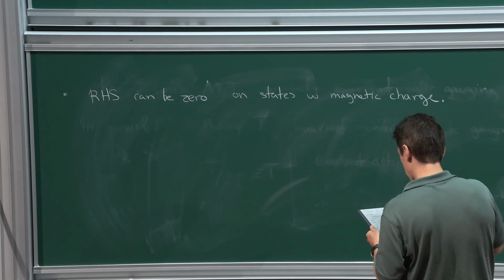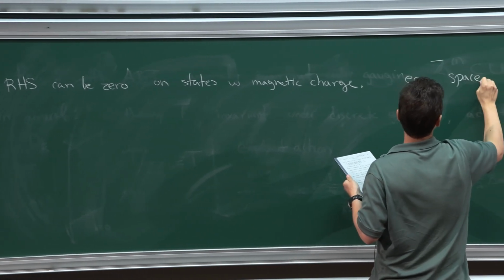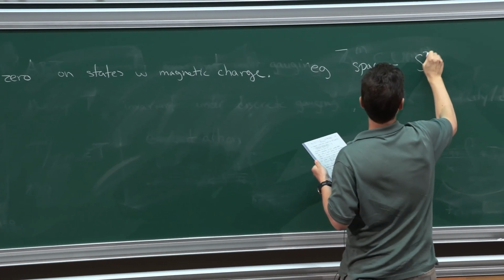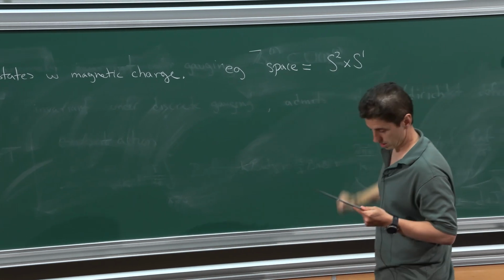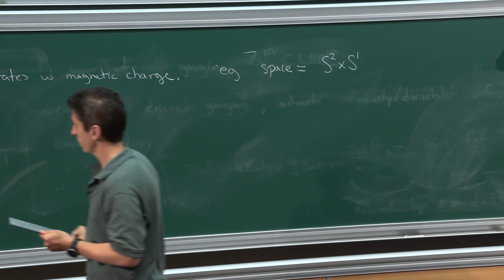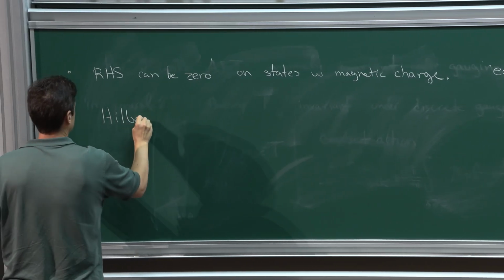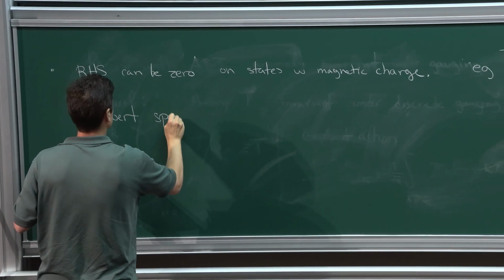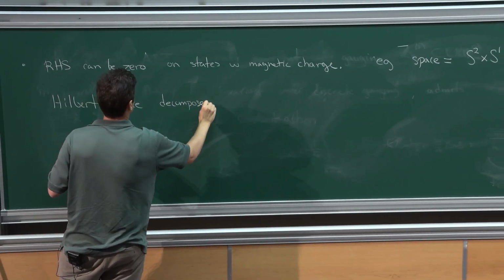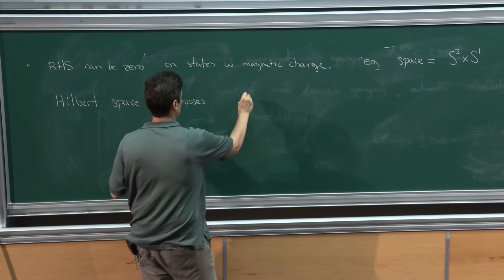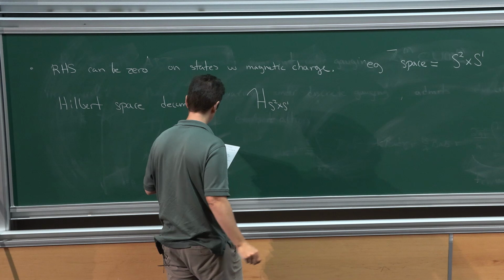So what to do? Let's consider, for example, space is S2 times S1, and I'm going to eventually act with D on this Hilbert space. So the Hilbert space decomposes. We look at the Hilbert space on S2 times S1.